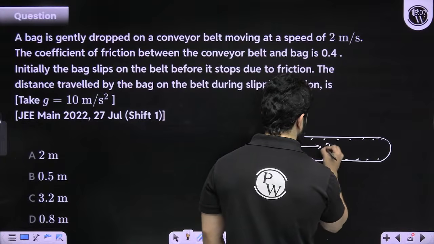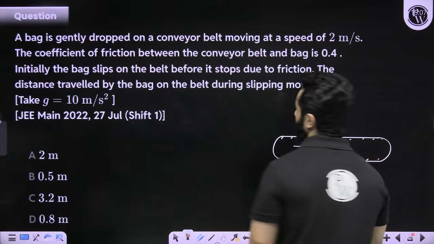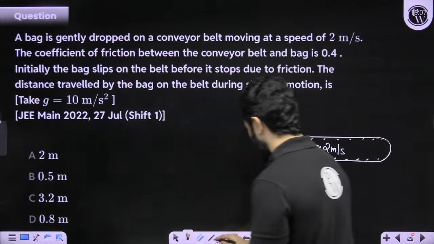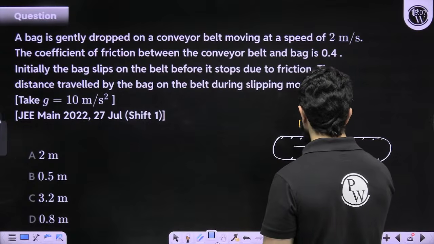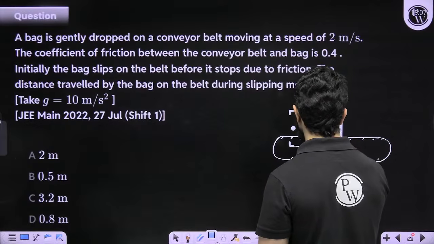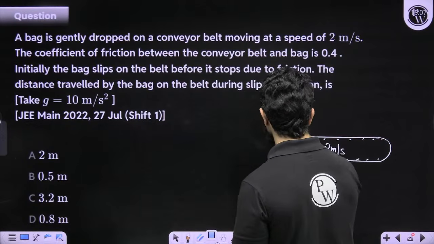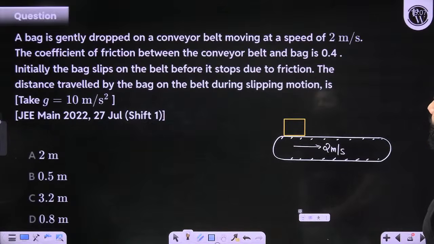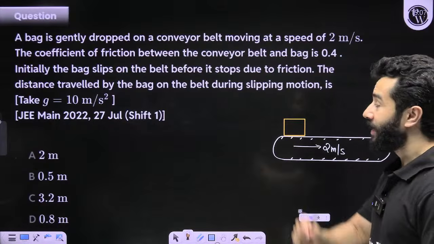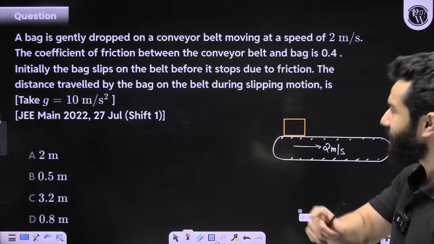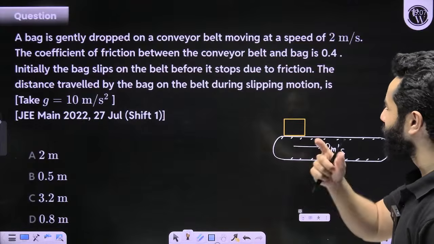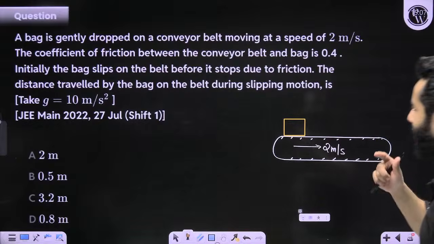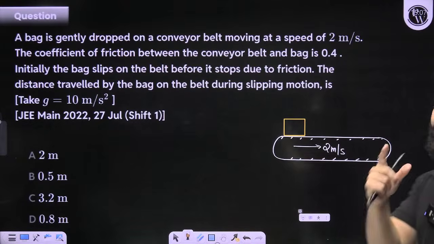So let's suppose we have got a bag over here. And then they are saying the coefficient of friction between the conveyor belt and bag is 0.4. Initially, the bag slips on the belt before it stops slipping due to friction. The distance traveled by the bag on the belt during slipping motion is.